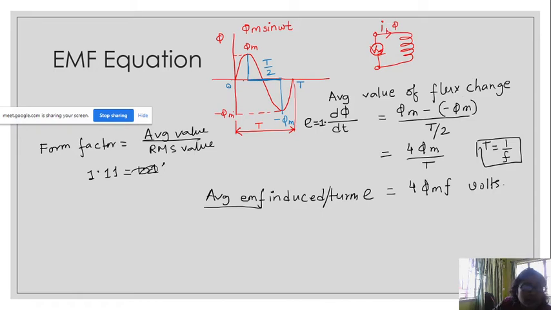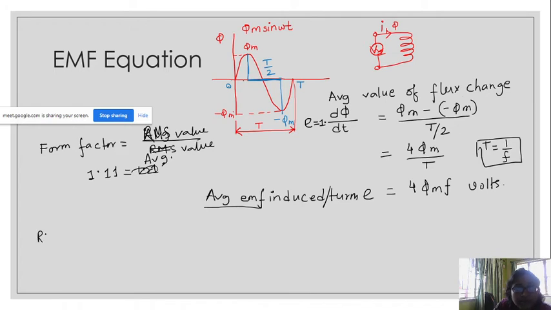Have I written wrong? It is RMS by average value. Yes, so the form factor is RMS by average. Now I know the average value, so can I get the RMS value?